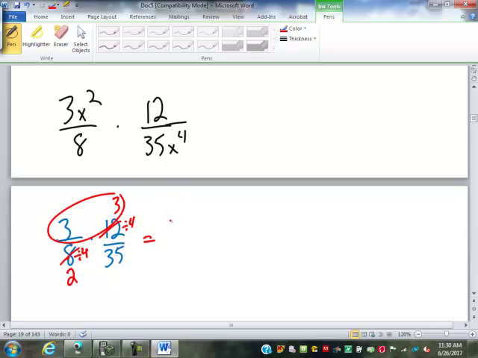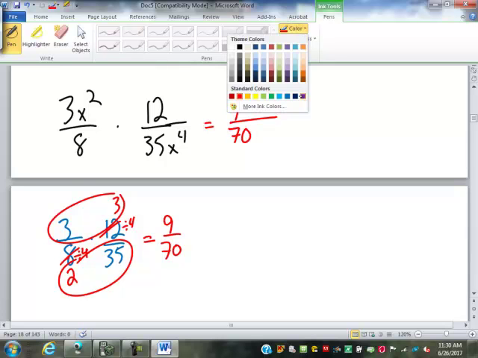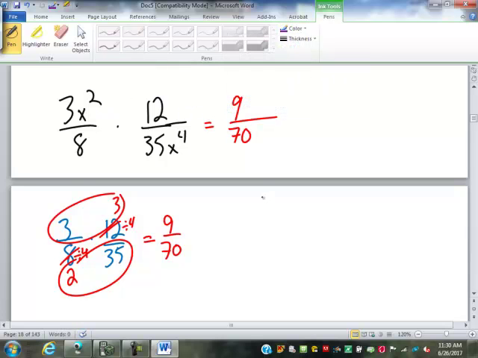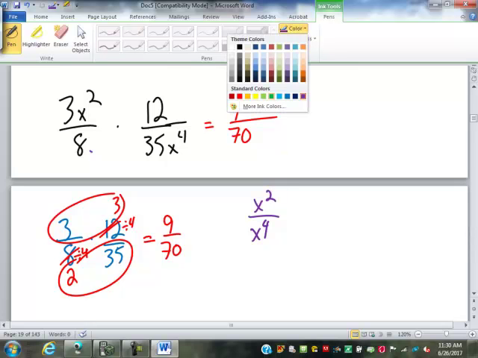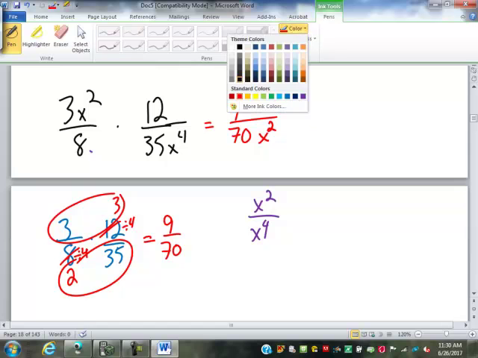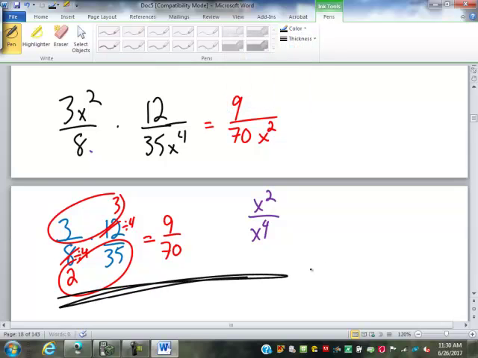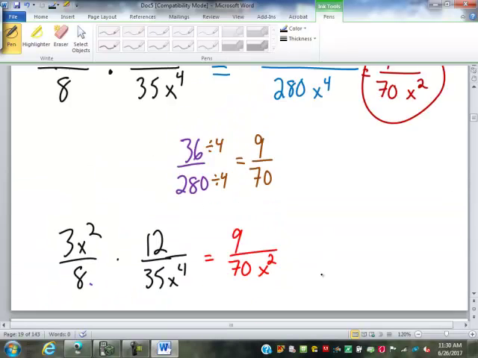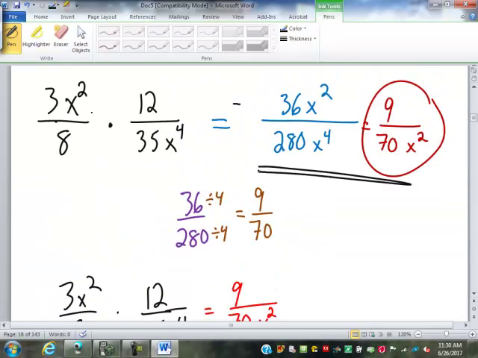So 3 times 3 is 9, and 2 times 35 is 70. So that gives us the 9 over 70. Then x squared times nothing is x squared, and nothing times x to the 4th is x to the 4th. So that does reduce to x squared on the bottom. This way saves you a little bit of calculation with the numbers, keeps the numbers a little smaller, and probably has fewer mistakes.